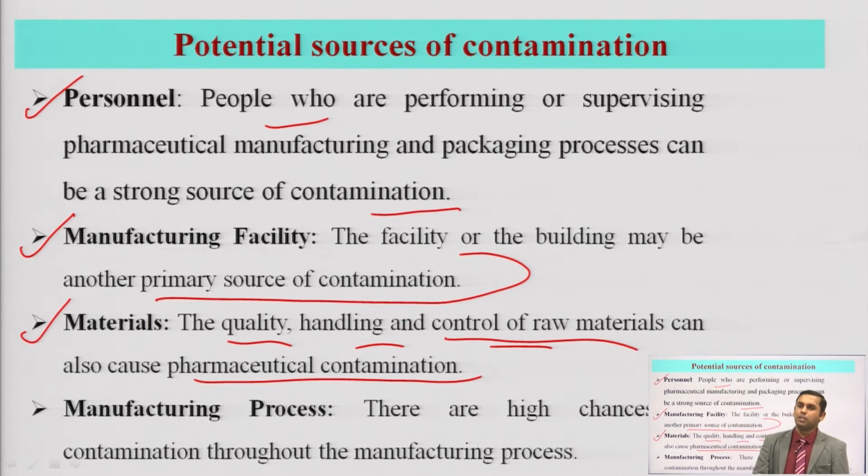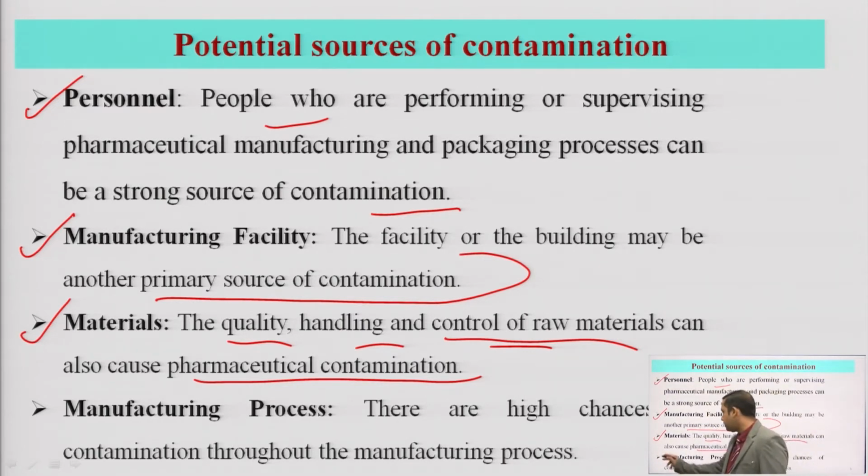Before going to the main production area, it is kept in the quarantine area, from where they take some sample, analyze it, and check whether any microbes are present in that raw material or not. If it is present, they reject it, and they do not allow it to go further, to the storage area, and from the storage area to the main production area.